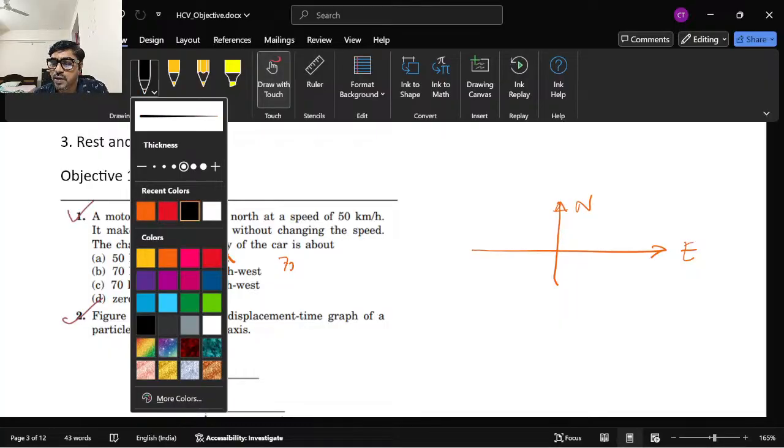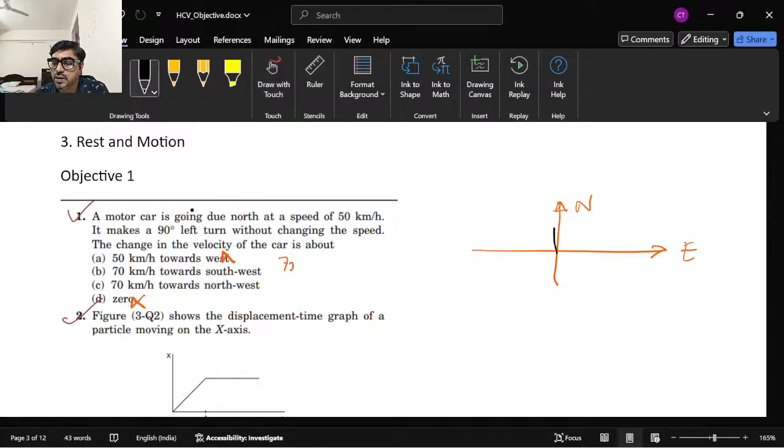So initial velocity was like this towards north, and after that it went left. So final velocity is left like this. This is final velocity for you. So we require V final minus V initial.